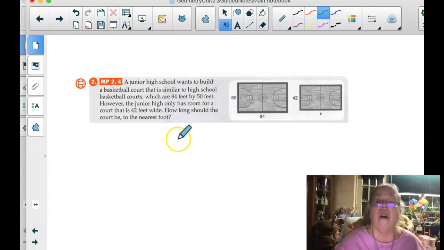All right, so 50 compares to the matching side, 42. And since I started with the 50, I'm going to have to start with the 84.